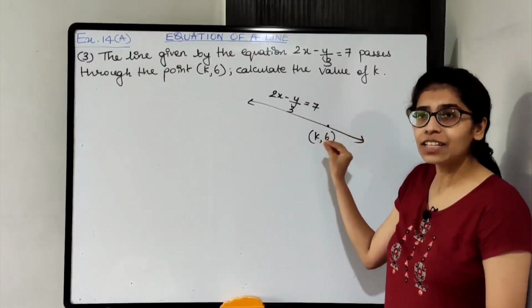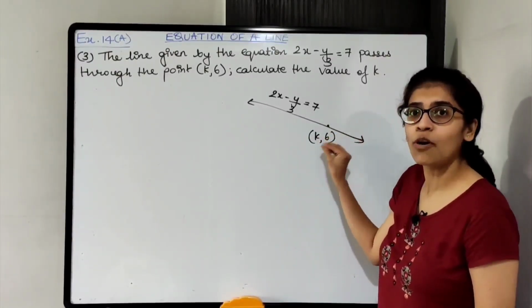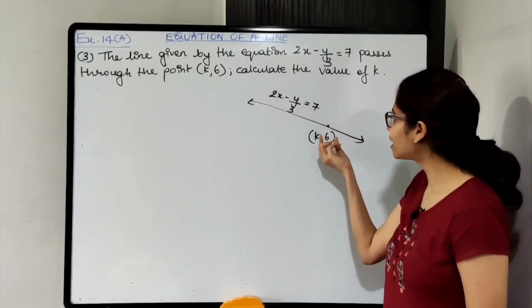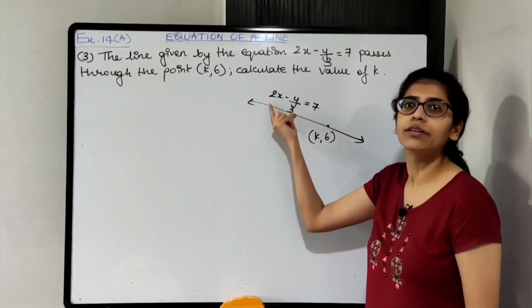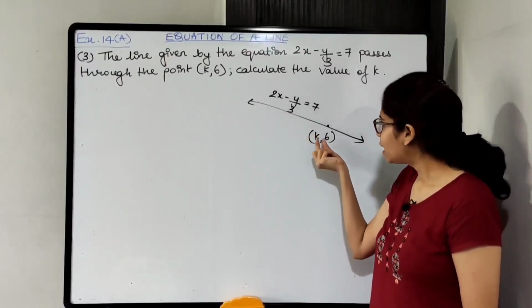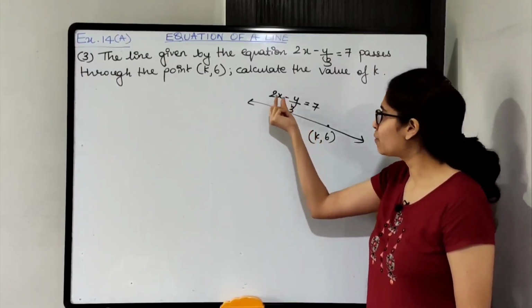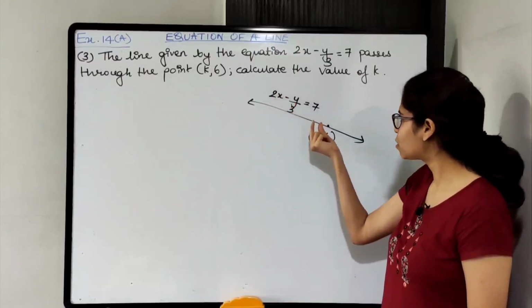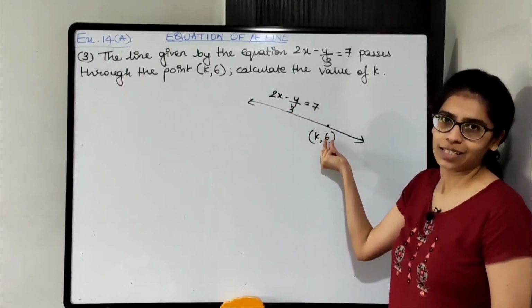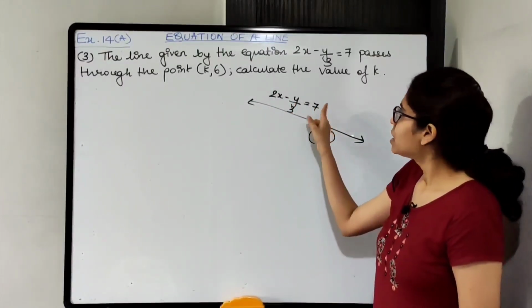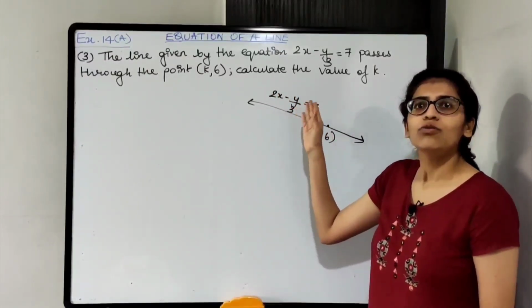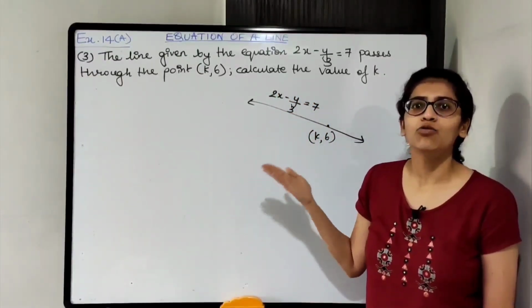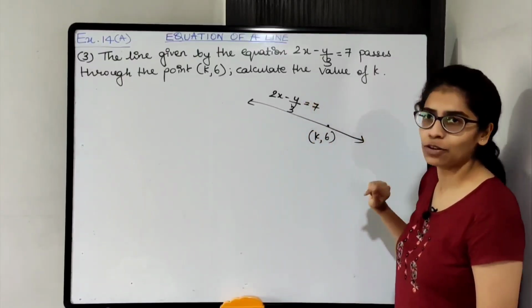It is given to you, so you can substitute the values over here. So x coordinate is k. In place of x you will substitute k, and in place of y we will substitute 6. Substitute, then solve and find out the value of k.